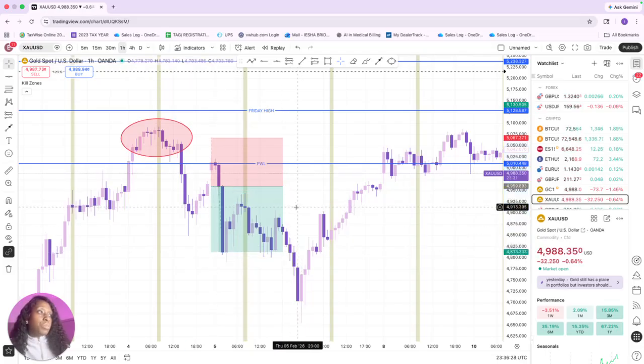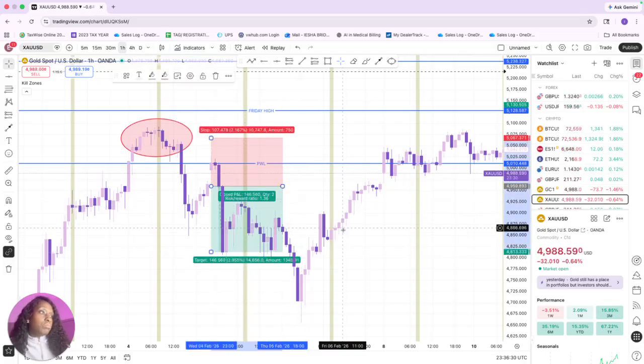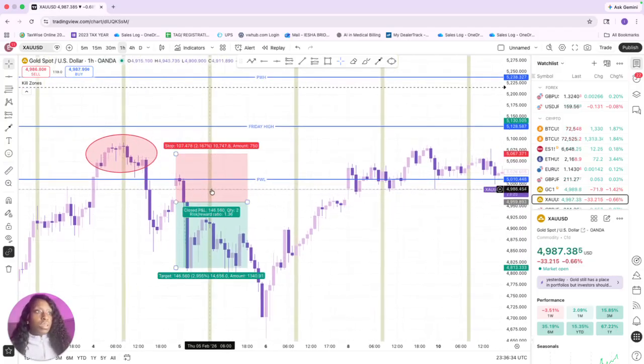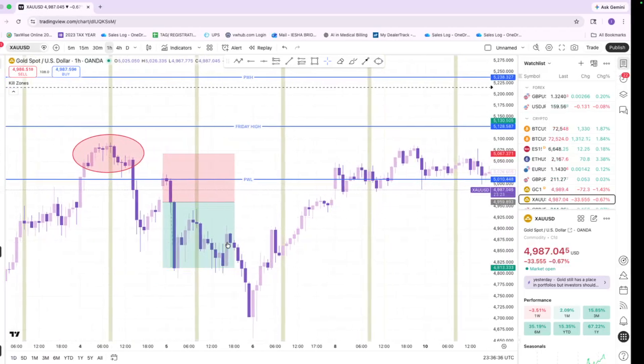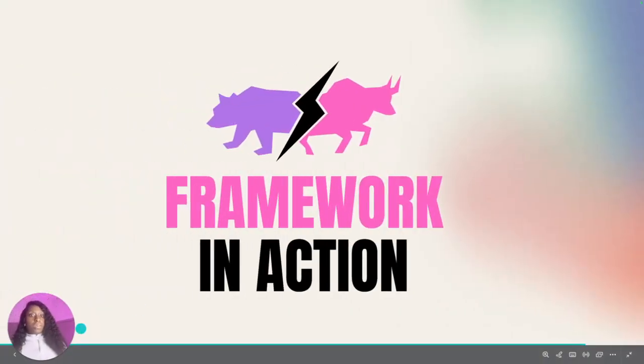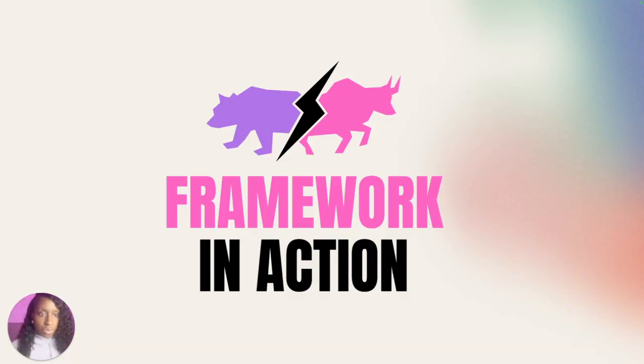But here, yeah, we would have got a good 1.36 risk to reward ratio. So yeah, that's simple. And that's my simple strategy I use every week before I enter the market.